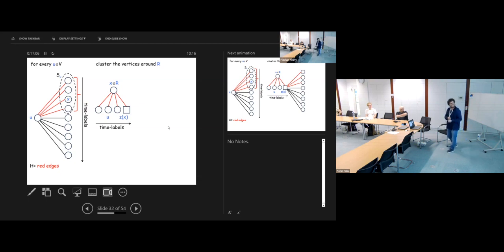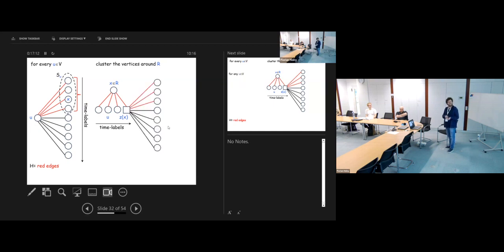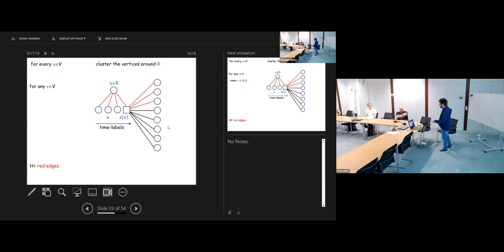Of course, this vertex has its own red edges and all the other edges incident to it. Okay, and now the idea is to show that if you want to go from vertex U to vertex V, we can use the red edges plus the other edges in order to get a temporal path from U to V of length at most 3.